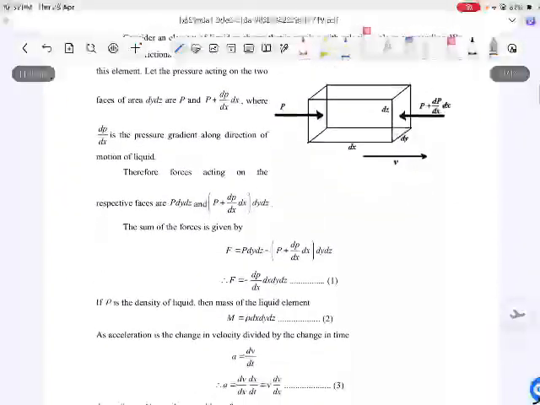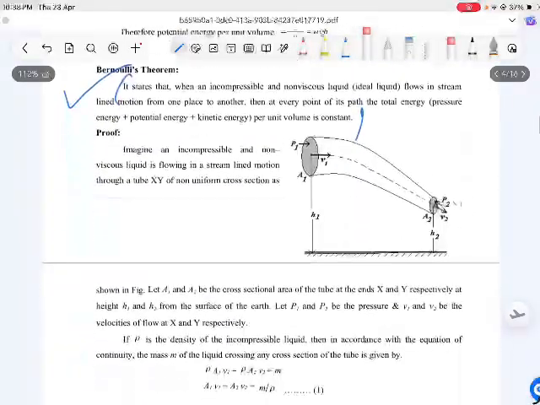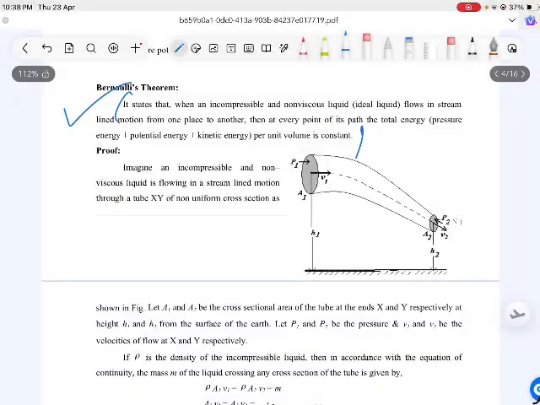Now, in the next part, we have to study Bernoulli's theorem. If you have visited our science center, there is one experiment on Bernoulli's principle or Bernoulli's theorem. What is the statement of this theorem?